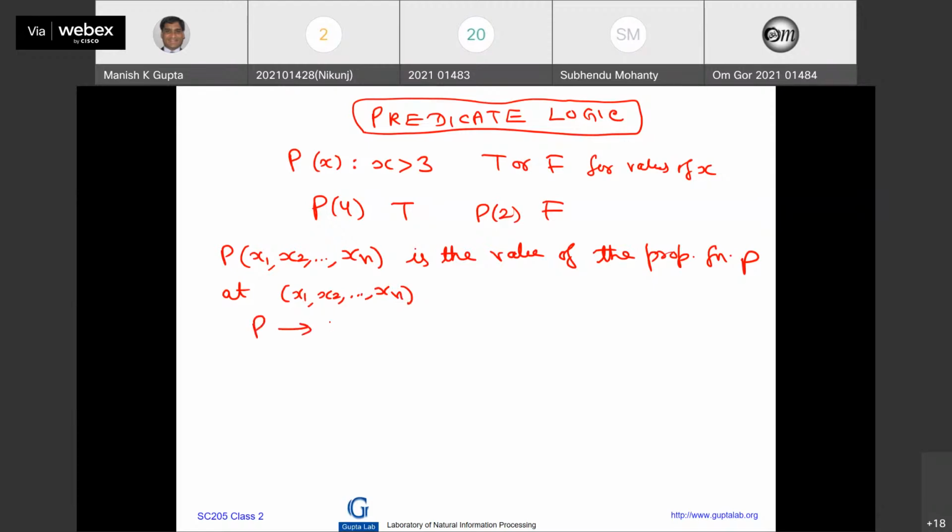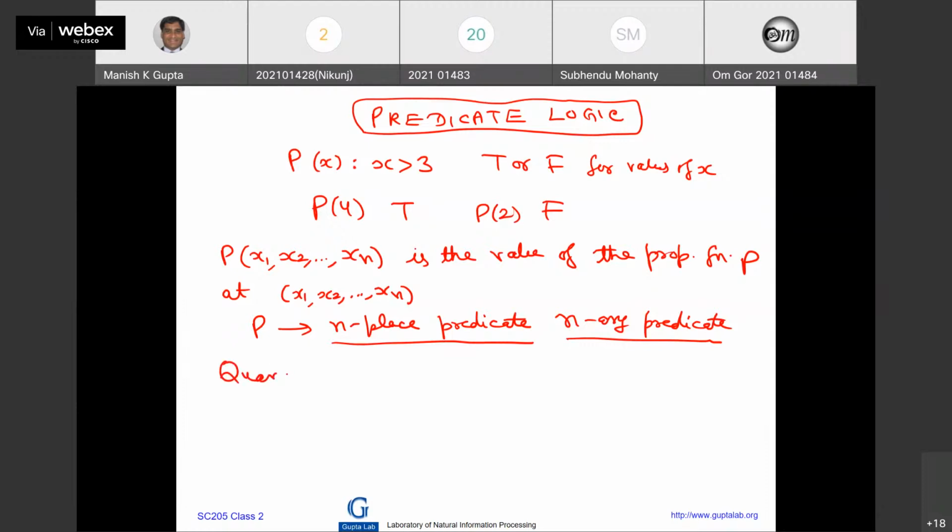So P is also known as an n-place predicate or n-ary predicate. Okay. What to do with this? I need to tell you about quantifiers now, basically. Quantifiers.